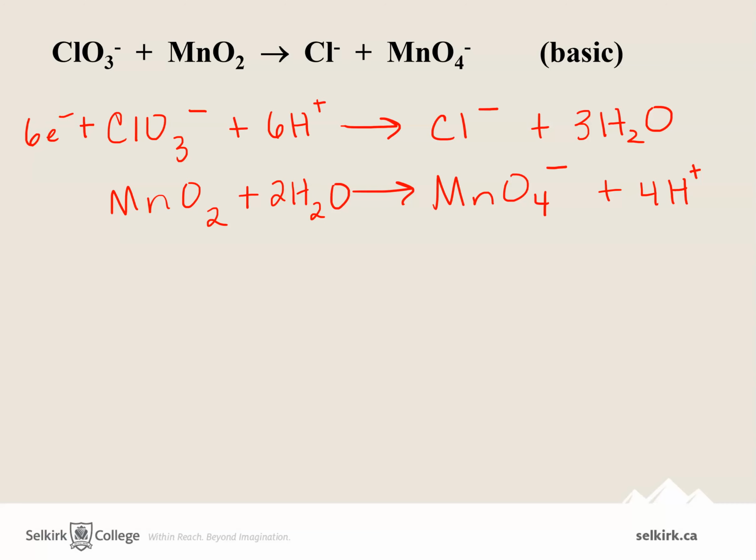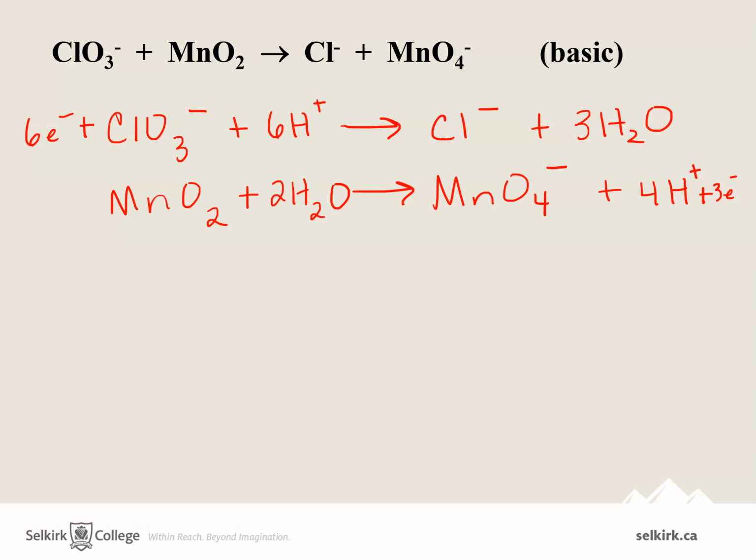Second half reaction, no charge on the left. On the right-hand side, I've got a -1 for the permanganate, +4, that's +3 overall. The difference between 0 and +3 is 3 electrons. And where do they go? I hope they go on the right-hand side, because they were on the left-hand side in the other reaction. Let's double check.